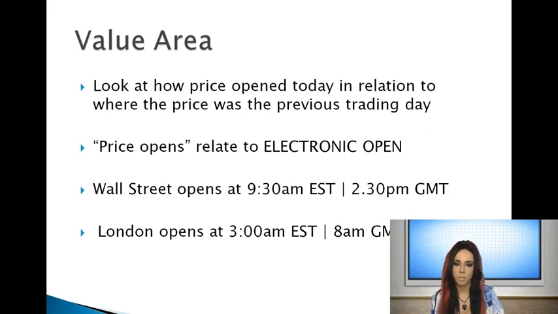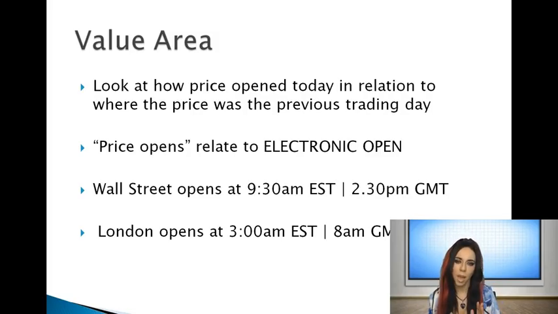But these times of electronic opens, they also go for Forex markets. Although the Forex markets are open 24 hours and 5 days a week, there is still a lot more volume once the electronic trading actually starts at the official exchanges. So we do not look at the value area across the whole 24 hours.